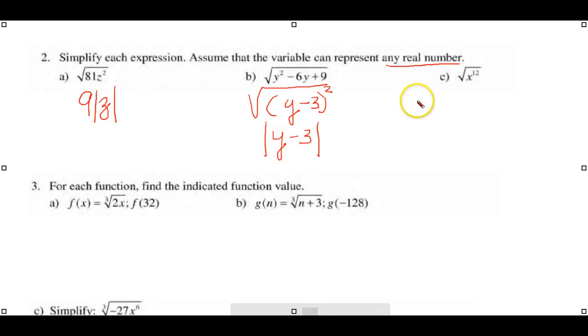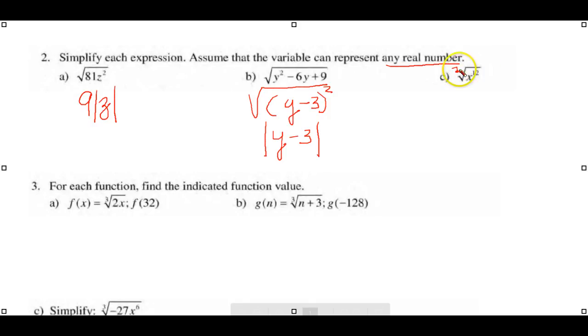Now for letter C, as you look at this, let me give you something we're going to be doing in the next section that'll be useful for something like this. Now, what is our index number here when there isn't one? Well, the answer is 2.